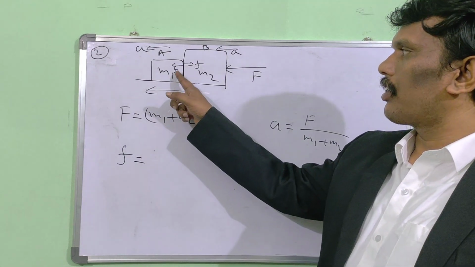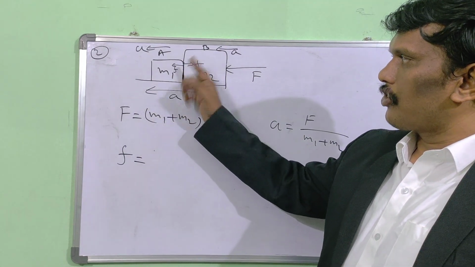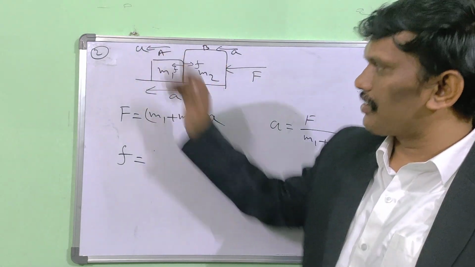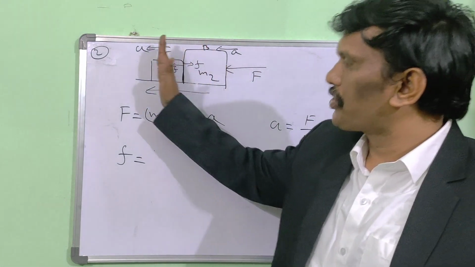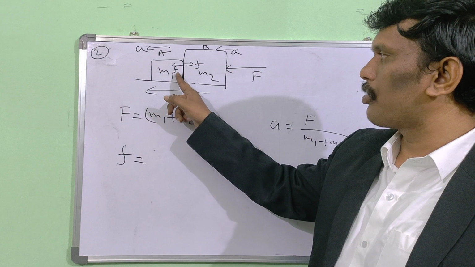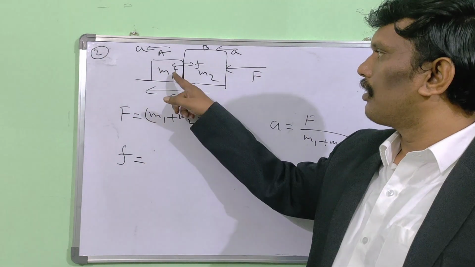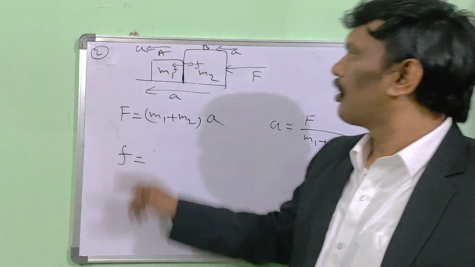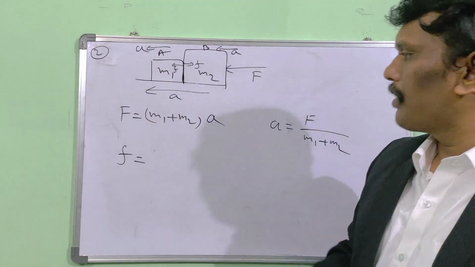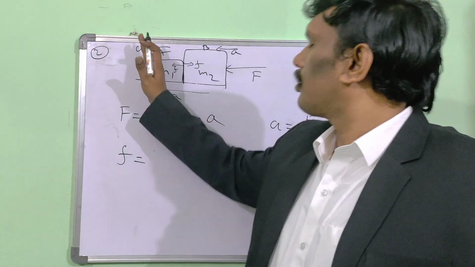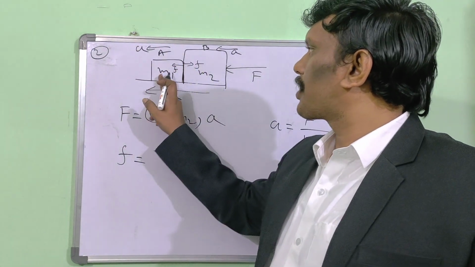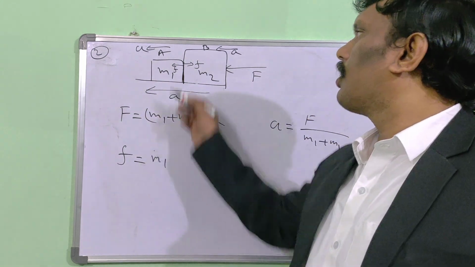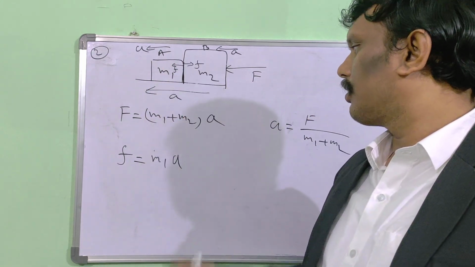Now I need to calculate the contact force F. This contact force pushes how many masses? This contact force pushes only M1. That means the contact force is equal to M1 into that mass's acceleration, which is A. That's all.